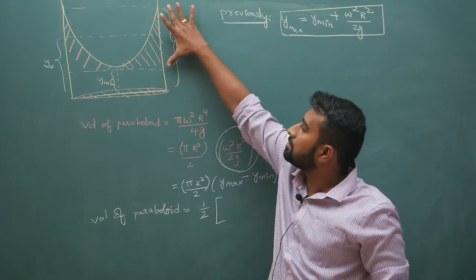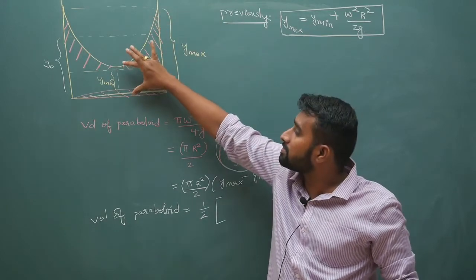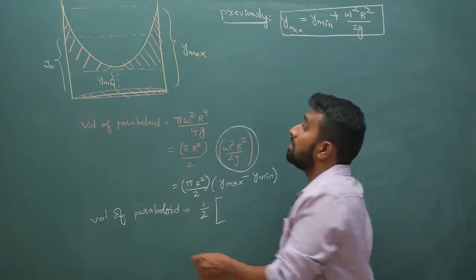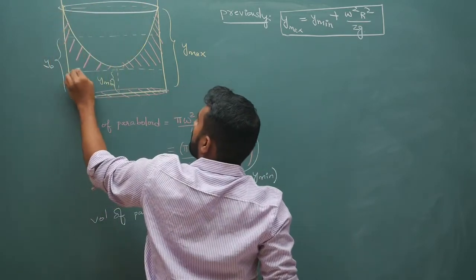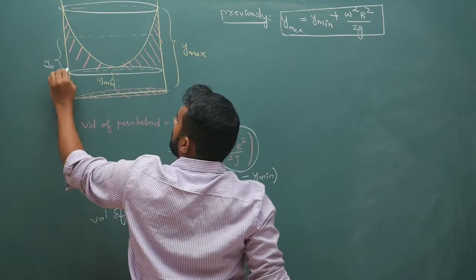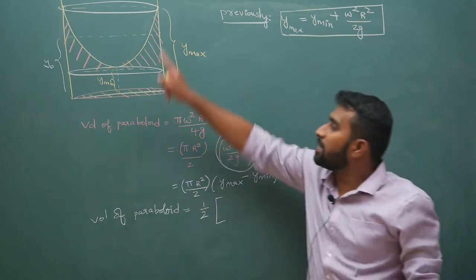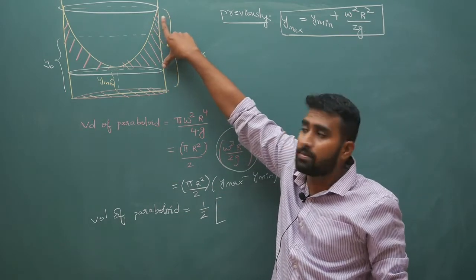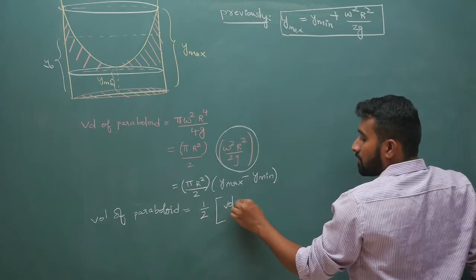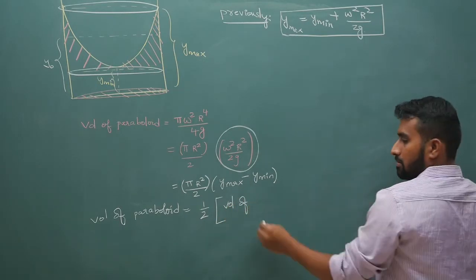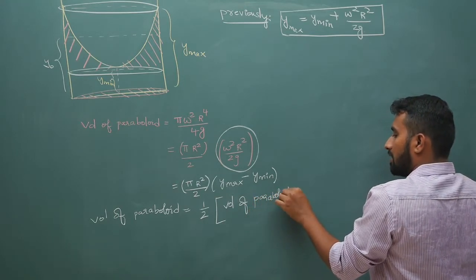If you take this portion of cylinder out of y max, if you subtract this y min, this cylinder's volume is area of base into height of the cylinder, which is y max minus y min. So it is half of the volume of the paraboloidal cylinder.